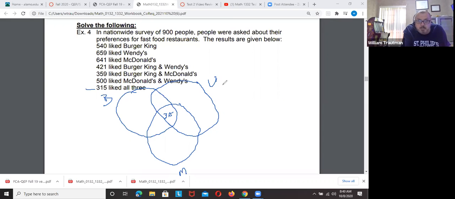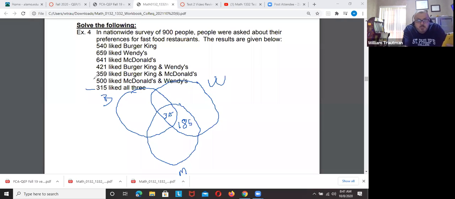People that liked McDonald's and Wendy's is right here. McDonald's and Wendy's with the 315 has to be 500. 500 minus 315, we already said that was 185.